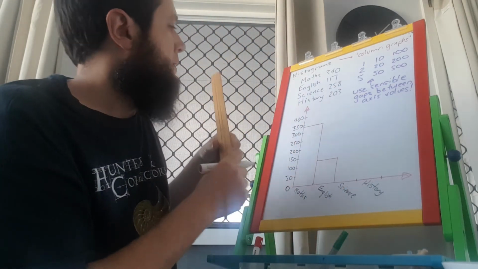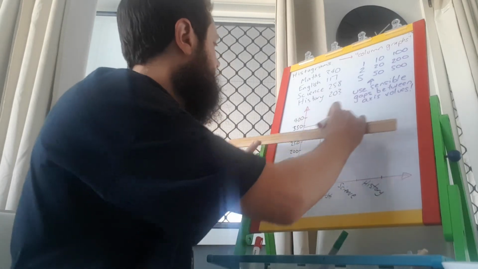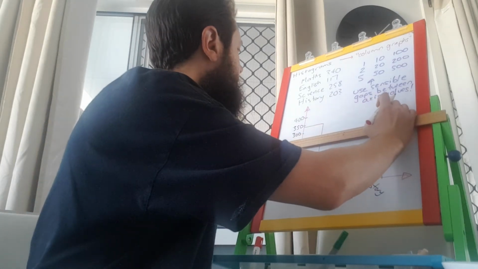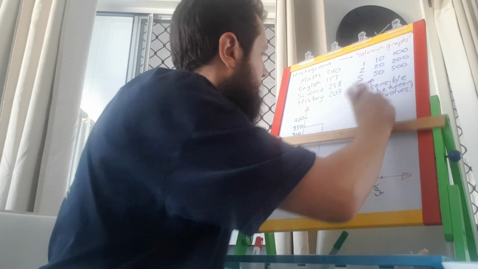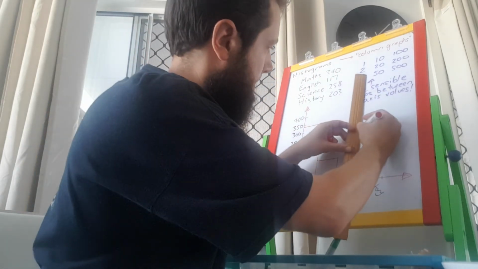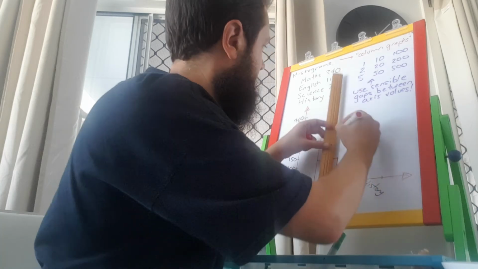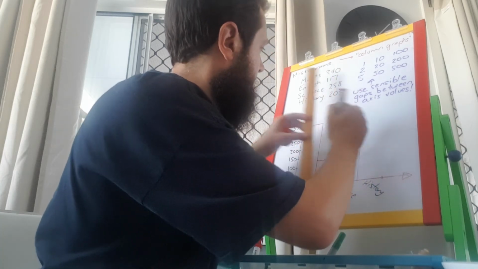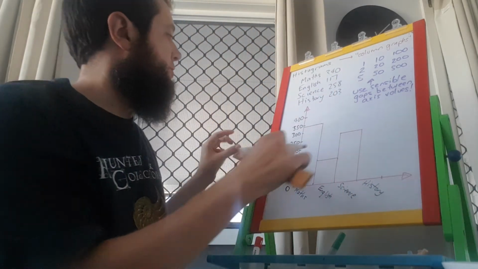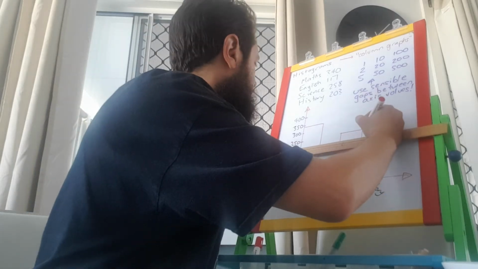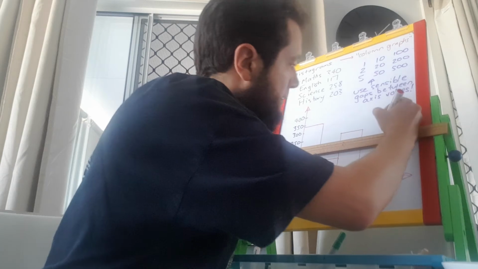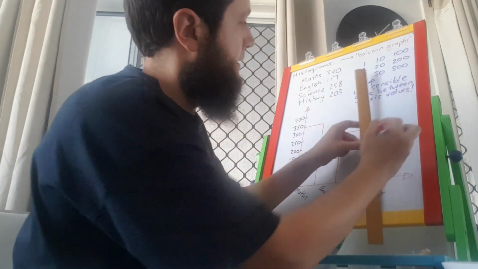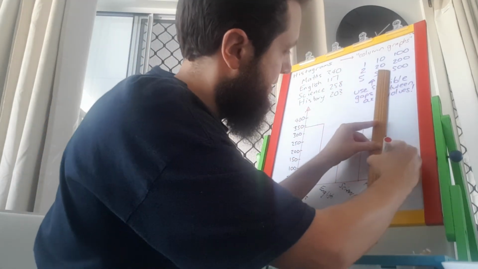Science, 258. So that's only going to be very slightly above the 250 line there. And lastly, history at 203. There we go. And down.